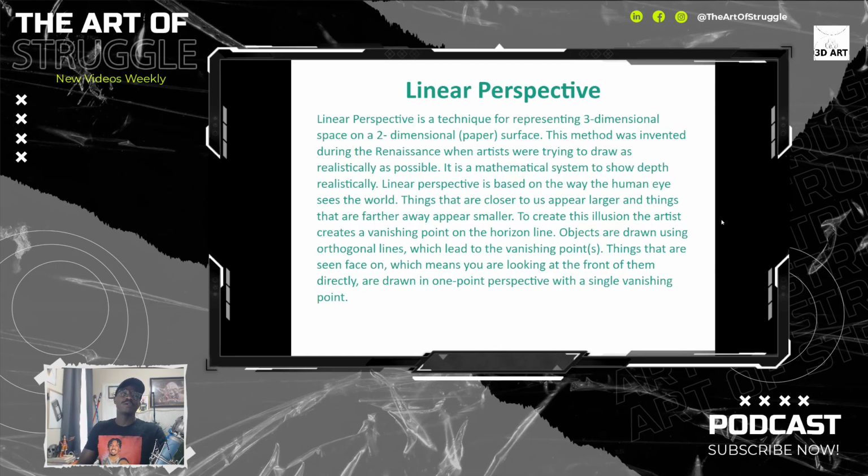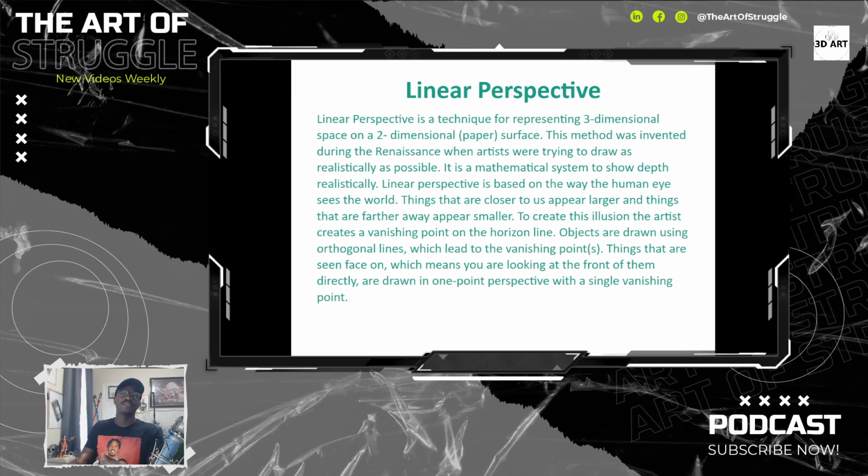The reason I'm giving you this backstory is that this is one aspect of conveying that information, which is linear perspective: 1 point perspective, 2 point perspective, 3 point perspective. They're all manners in which artists convey information.